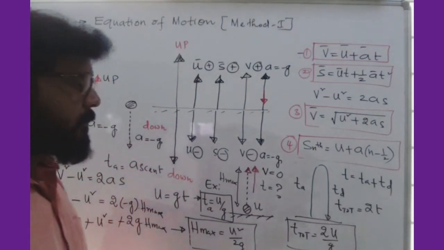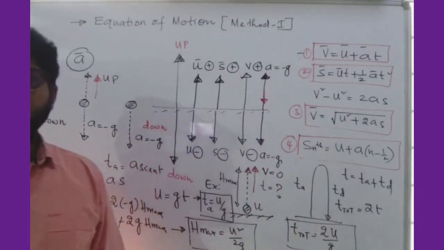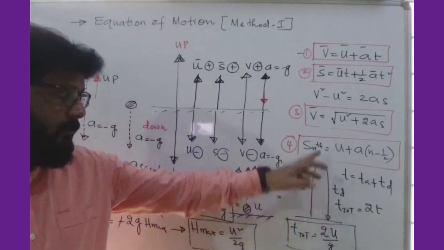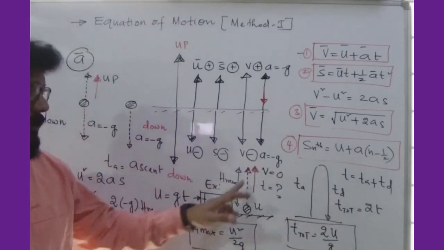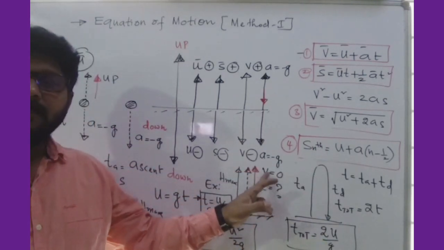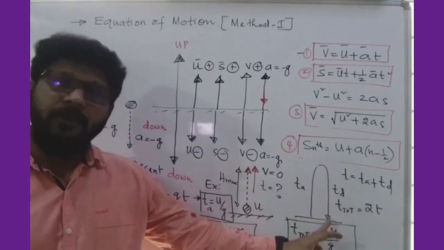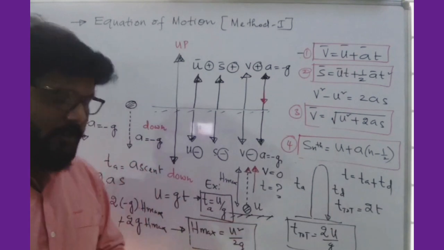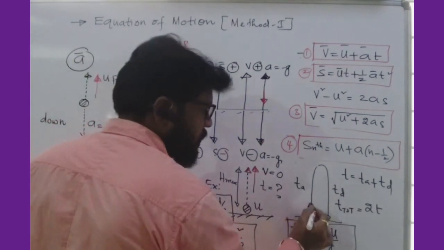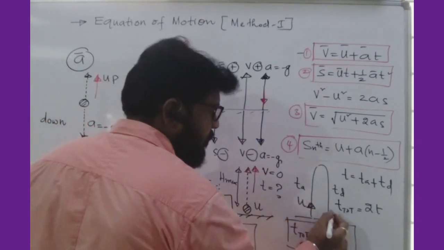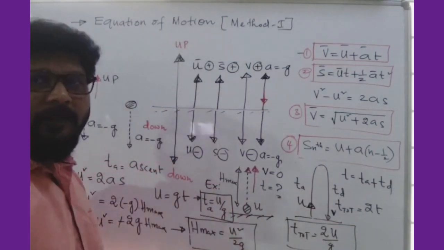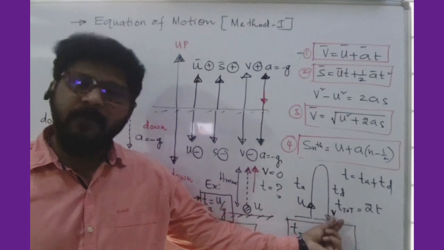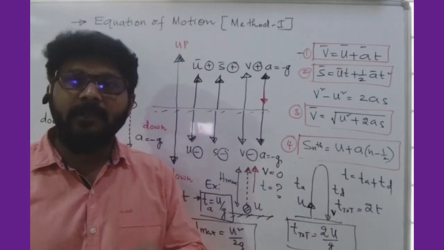But when it is coming downwards, what is negative? You can substitute and see, there is no problem. When it is coming in the downward direction, v is nothing but u again, with the initial velocity 0 at the top. So before touching the ground, whatever initial velocity u you project with, it will hit the ground with the same velocity.